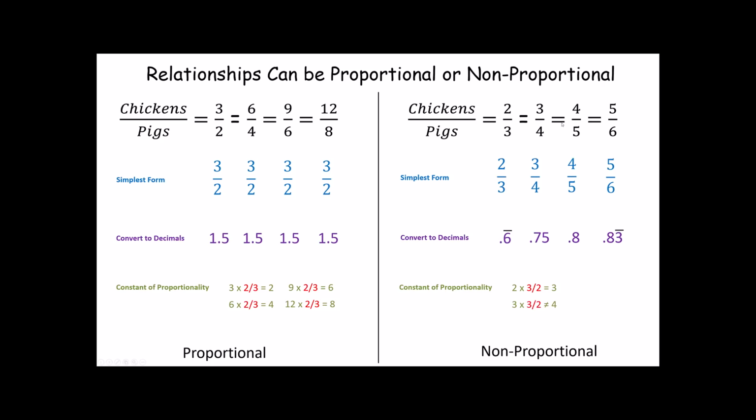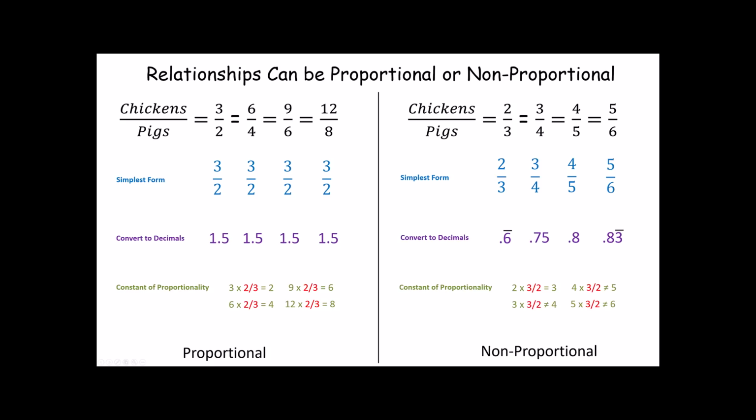If I take 4/5, take the top number times 3/2, it is not equal to 5. It's actually equal to 12/2, which is 6. And on the last one, 5 times 3/2 is not equal to 6. 5 times 3/2 is 15/2, which is 7.5. Notice three different ways that we can tell that these are proportional and that these are not.